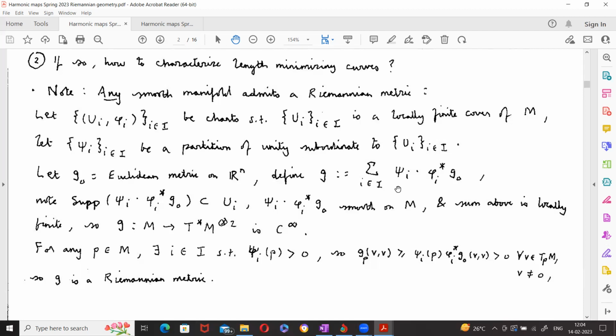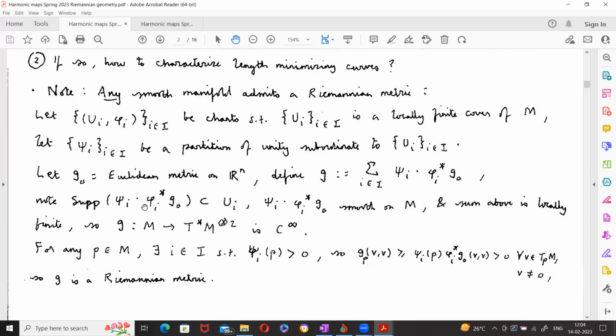So I multiply by my cutoff function psi i, whose support is contained inside Ui. When I multiply by this, I get a globally defined section of the tensor product of the cotangent bundle with itself, T star M squared, which is 0 outside Ui. Then I sum over i.